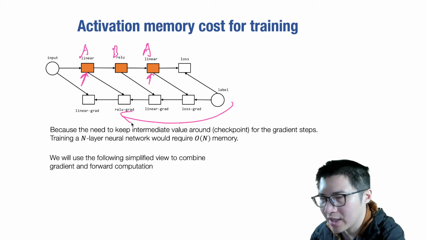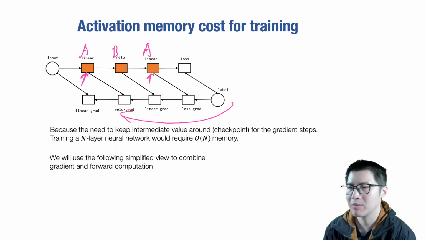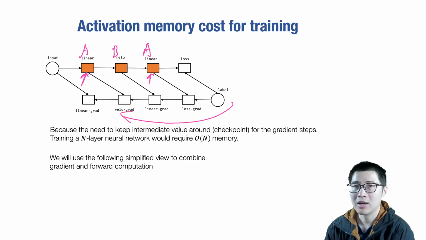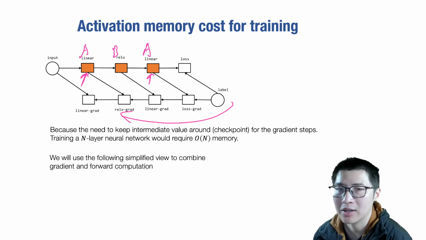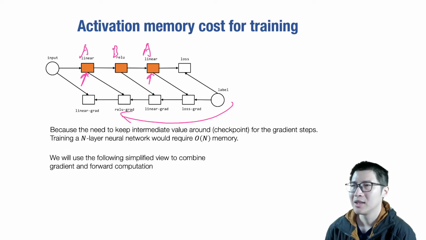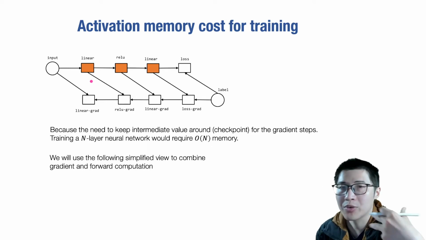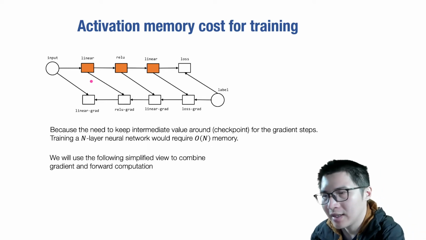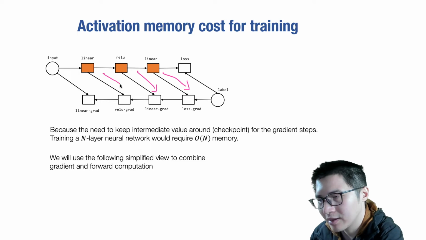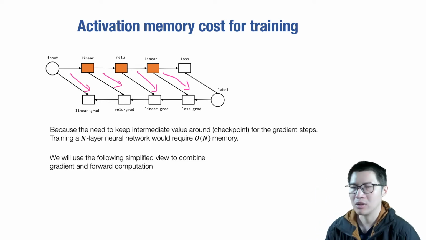But after we do gradient computations, in order to compute the result, I still need the result of A right here. So effectively, you can find that in the gradient calculations, there are these dependencies that depend on the values in the forward computation.